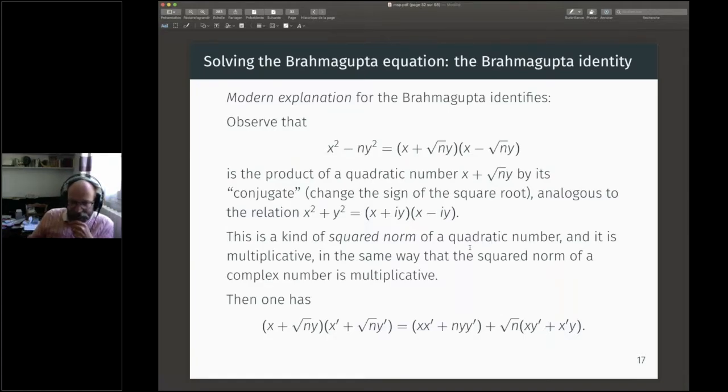In the same way that the squared norm of a complex number is multiplicative, the squared norm of this quadratic number is multiplicative. So now I take two quadratic numbers, (x plus square root of n times y) multiplied by (x' plus square root of n times y'), and then I just use algebra to write it as a quadratic number of the same kind.